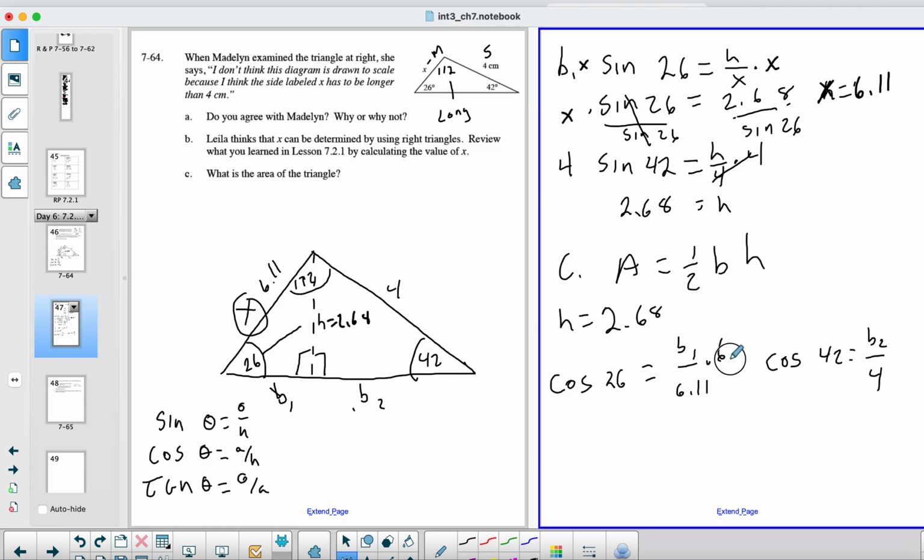So I can multiply this side by 6.11 and type 6.11 cosine of 26 equals B1. 4 times the cosine of 42 equals B2.